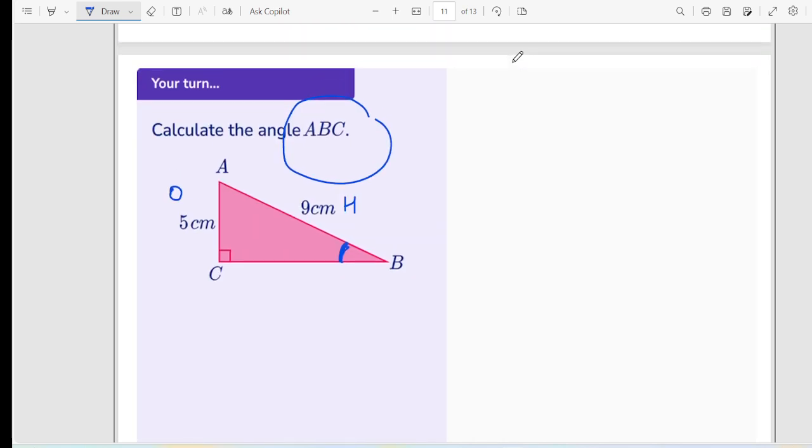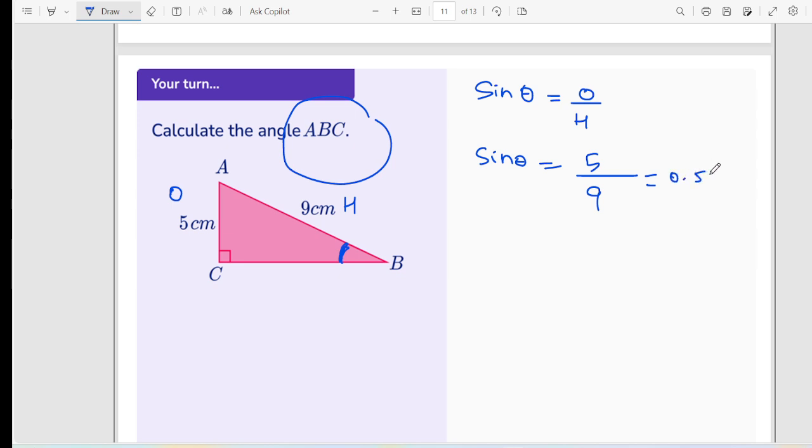So let's use this formula of sine theta. I will write sine theta equals O over H, right? Sine theta equals opposite 5, hypotenuse 9 centimeter. Now I would just divide it. So 5 divided by 9 is 0.55.